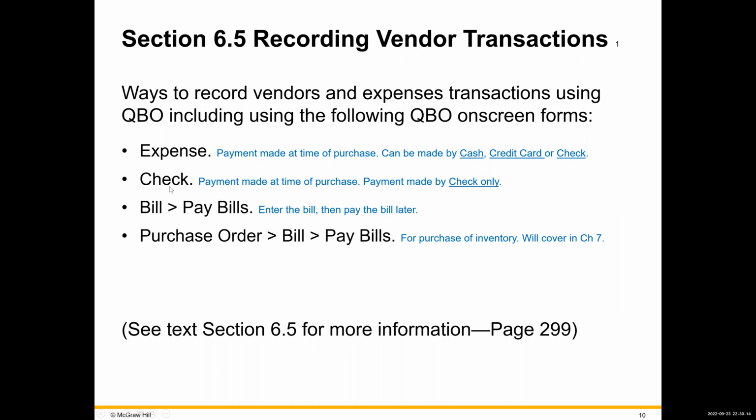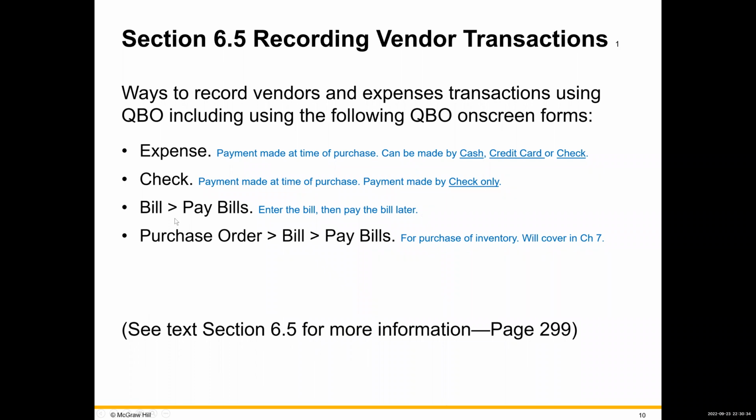Now, the check form is a specialized form where payment is made by check only. And when do you use that check form? Again, when payment is made at the time of purchase. Okay, and this form is for a check only.